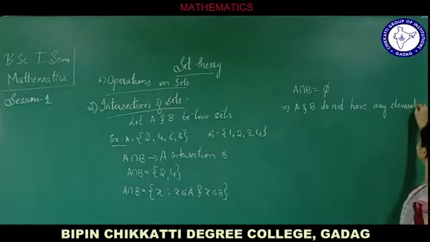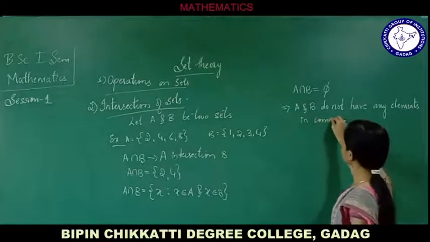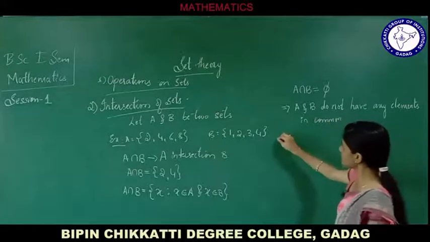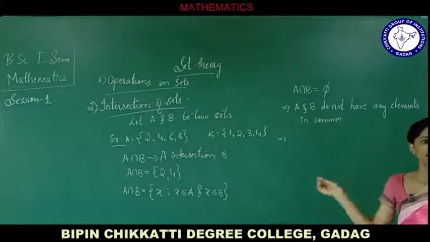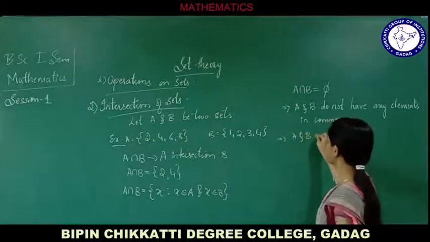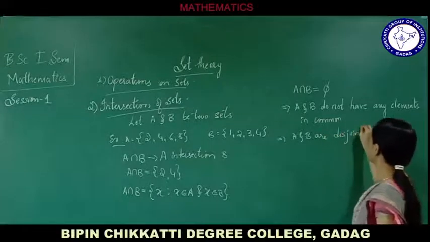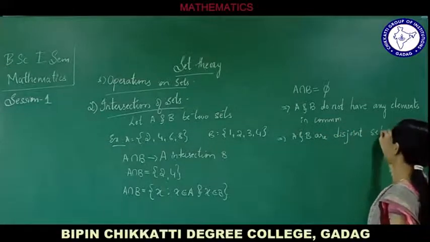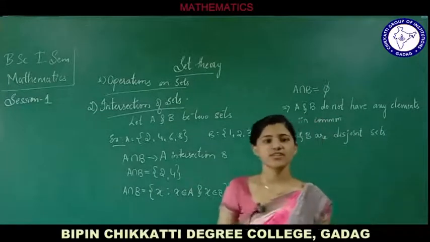Then what does this mean? This means that A and B are disjoint sets.